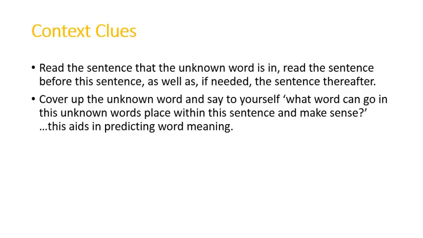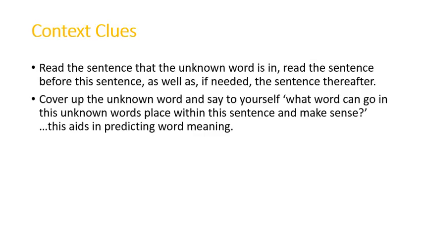And how do we go about doing this? Well, when you find a word that you don't know, I tell the students to read the sentence again in which the word appears. They should read the sentence before as well as the sentence after.